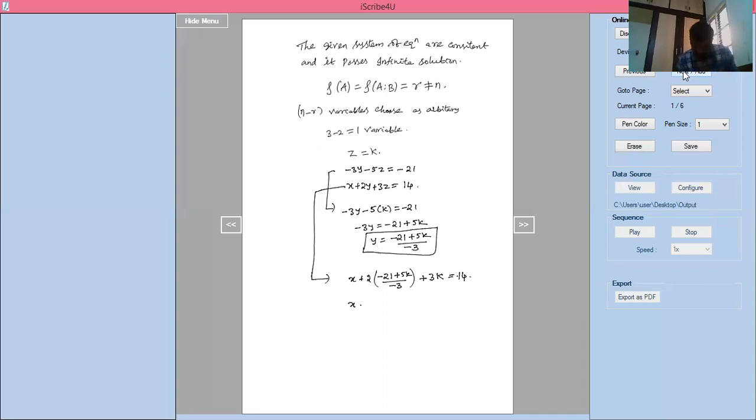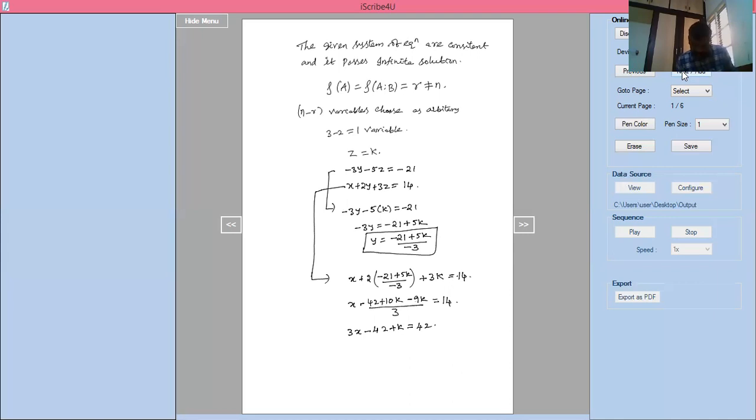X plus minus 42 plus 10k divided by minus 3 plus 3k equal to 14. Now we will write this. I will write here: 3x equal to minus 42 plus 10k minus 9k, which is plus k, equal to 42. 14 into 3 is 42.